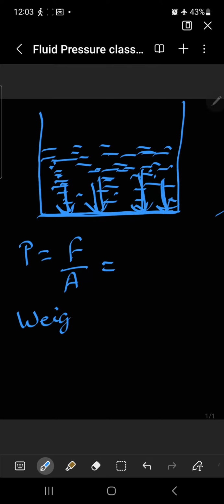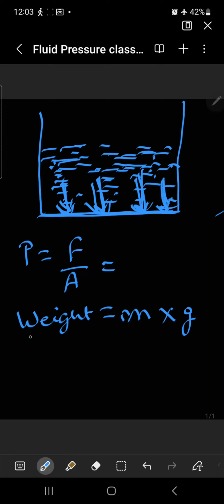What is weight? Weight is equal to mass into acceleration due to gravity, m into g. We are saying that the force or the thrust on the base of the vessel is due to the weight of the fluid which is filled up in the vessel.